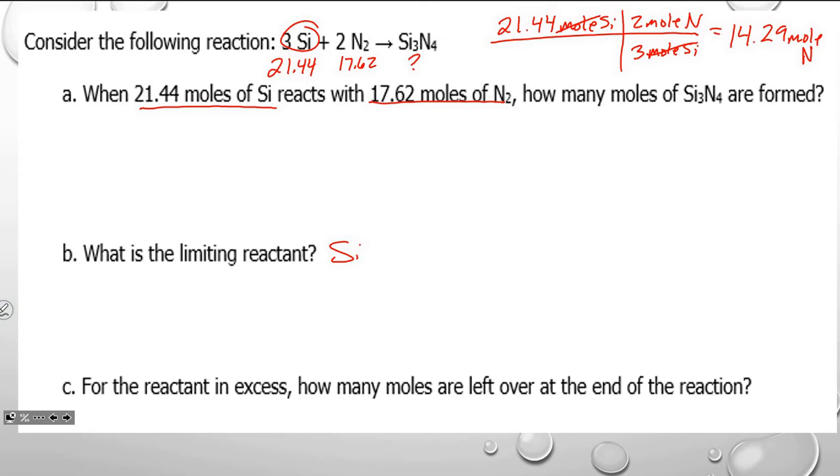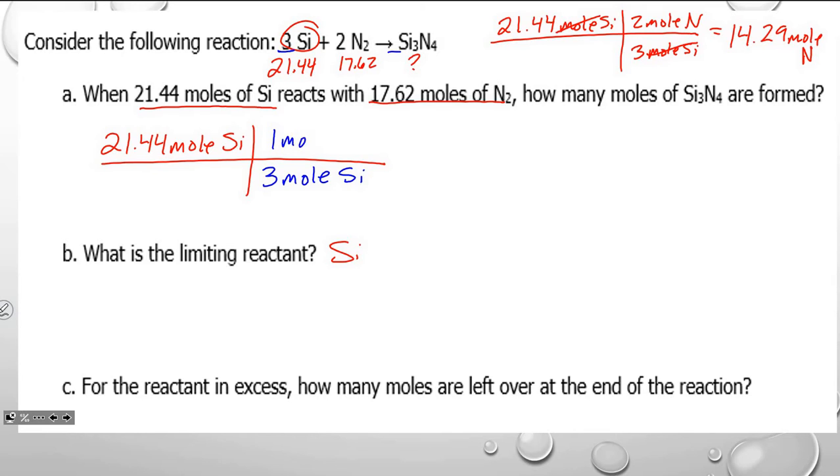Now, I can take my silicon now. It's 21.44 moles of silicon. And I'm going to convert it this time from silicon to the trisilicon tetranitride. So I'm going to put 3 moles of silicon on the bottom, and I'll put 1 mole of Si3N4 on the top.